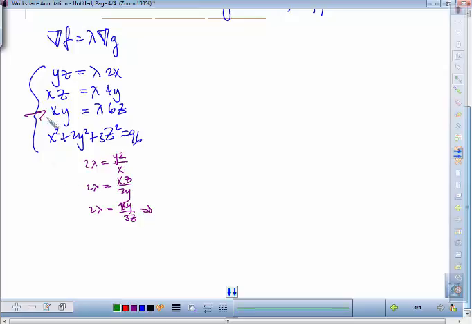So y equals lambda 6z divided by x. And then in the second one, xz equals lambda 4 times y, which is lambda 6z over x.